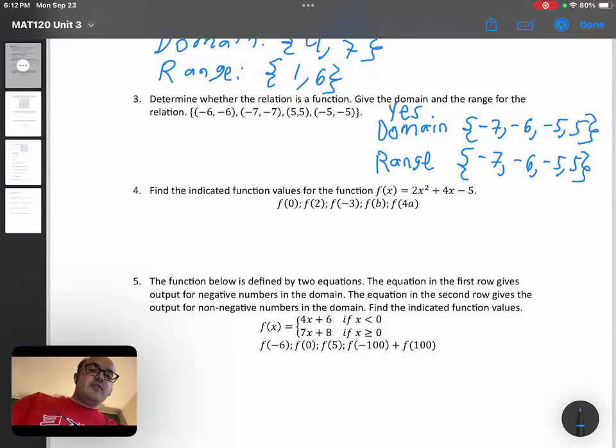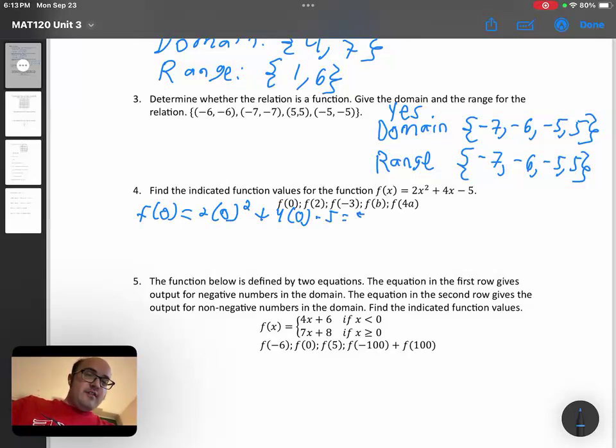For the fourth one, we want to find the indicated function values for this function, 2x² plus 4x minus 5. So we want f of 0, f of 2, f of -3, f of b, and f of 4a. Starting with f of 0, this will be 2 times 0 squared plus 4 times 0 minus 5, which should give us a value of -5.